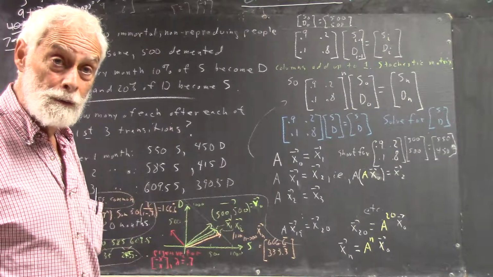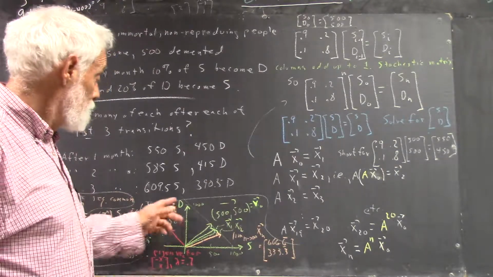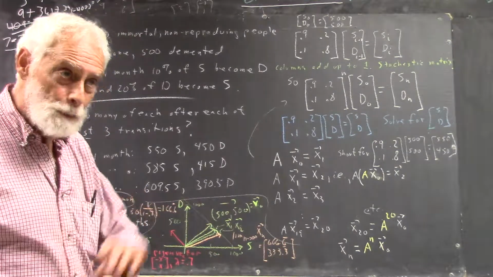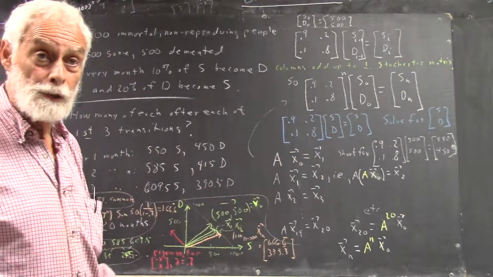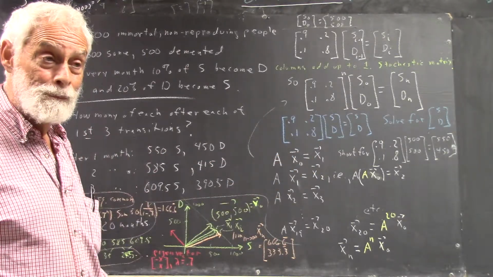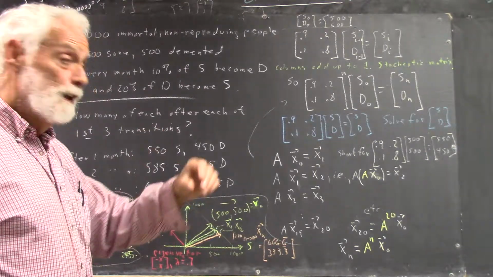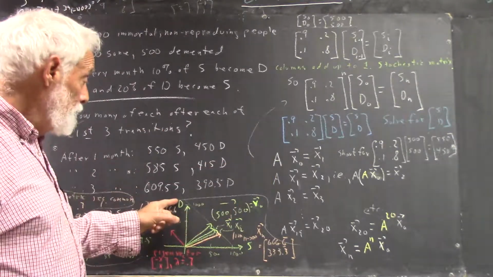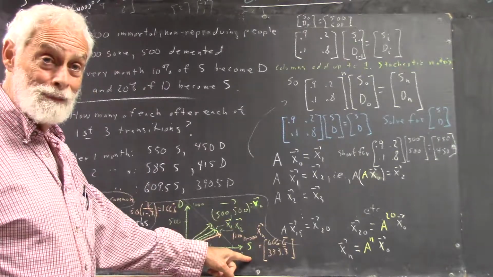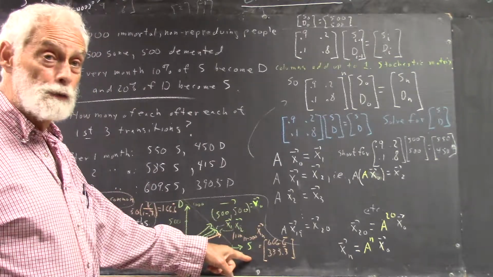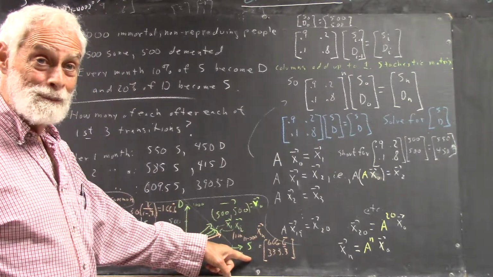Now they should, because for this model, your sane plus diminutive always adds up to 1,000, doesn't it? Yeah. So if s plus d is 1,000, then d is 1,000 minus s. That's the equation of a straight line with a slope of -1.